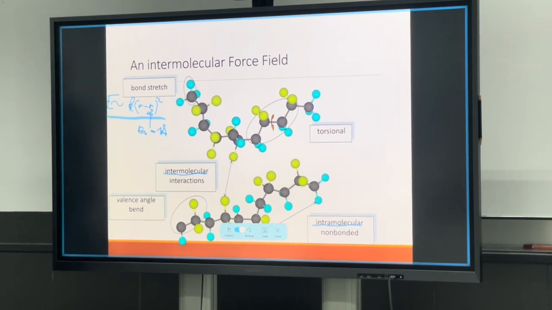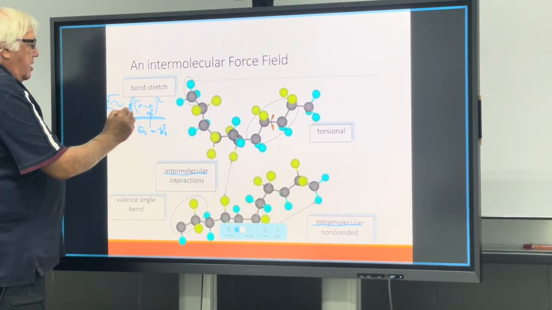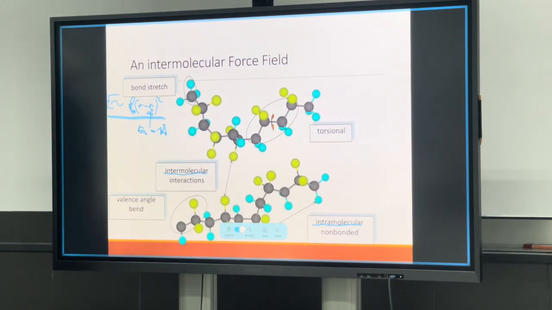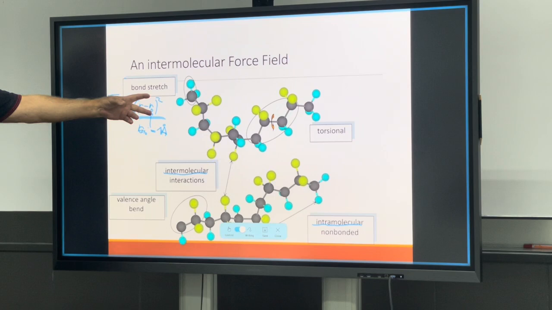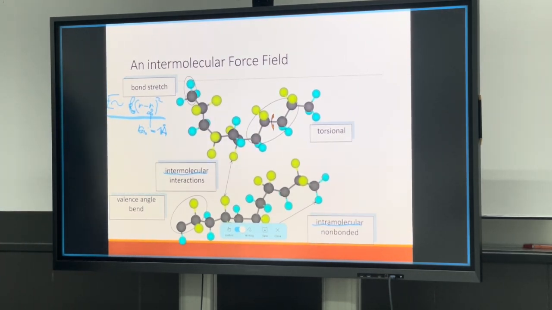And the K, of course, is very specific. That's a K, a CHK. It will be different from the OHK or from the whatsoever K. So these energy terms normally contain an equilibrium value and some scaling constant.